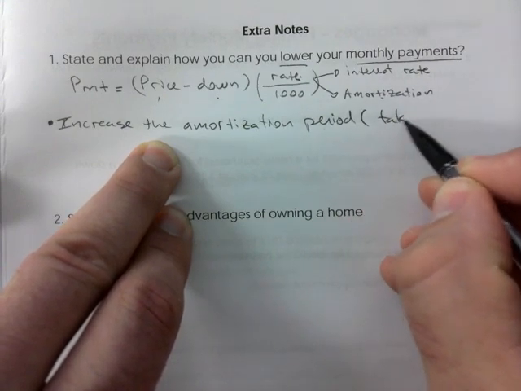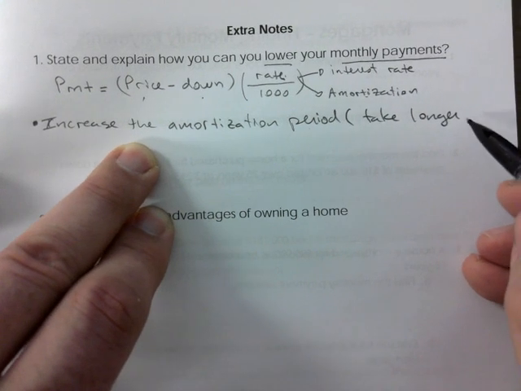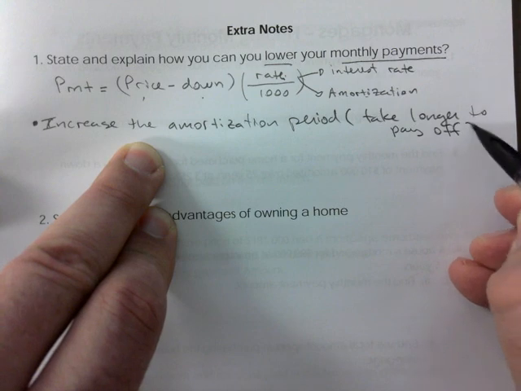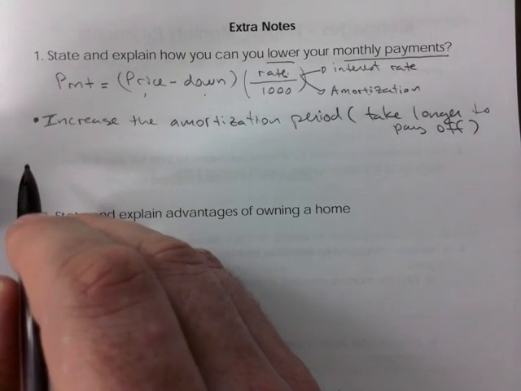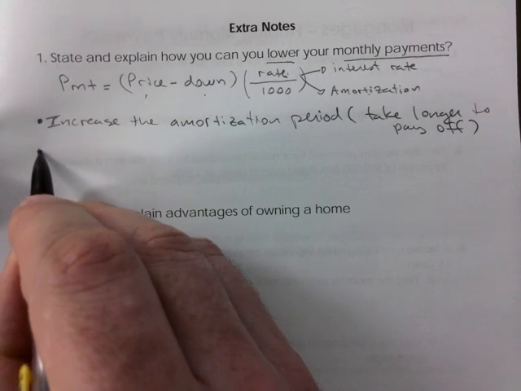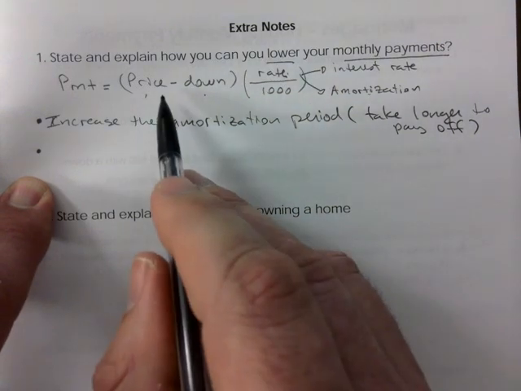That's basically the fancy way of saying take longer to pay off. So instead of 20 years, take 25 years. Instead of 25 years, take 30 years. There was a time where you got 40-year mortgages. Not anymore. I think the banks go 35. Like 30 is stretching it. They don't want that long.